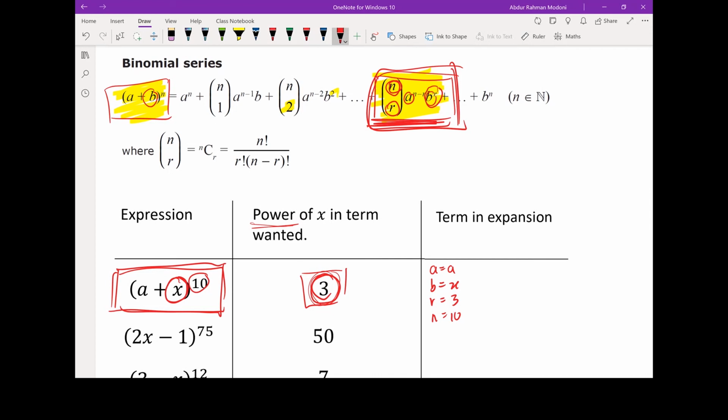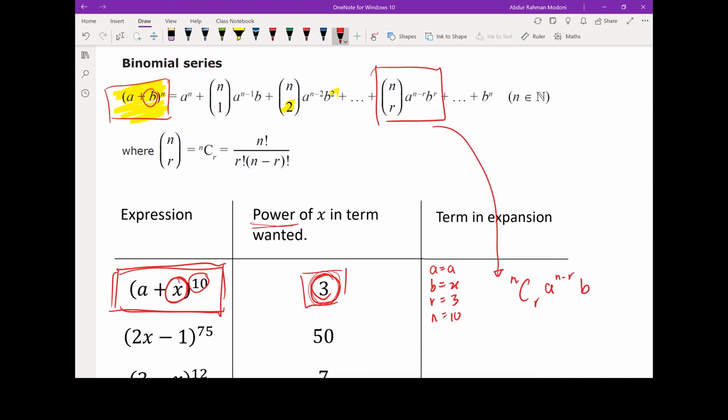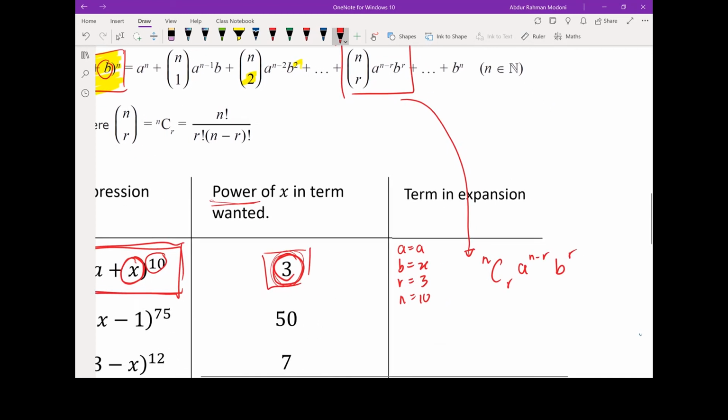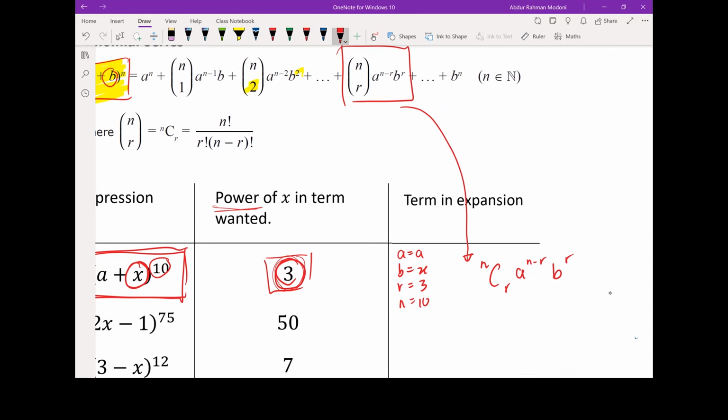Once you've got that, you can go back to your general term and write that out first. I'll write it in terms of nCr, that form: a to the power of n minus r, b to the power of r. I'm going to put in the things that I'm interested in. What's my n? 10. C, what's my r? 3.